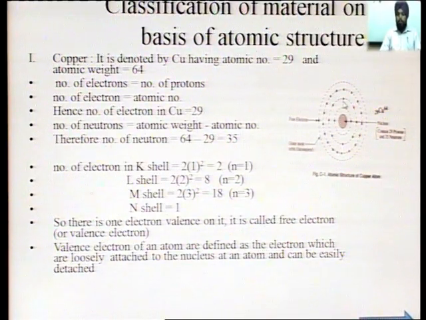So the number of electrons in the second orbit, the L shell, is 8. You can count 1, 2, 3, 4, 5, 6, 7, 8. 8 electrons are present in the L shell.